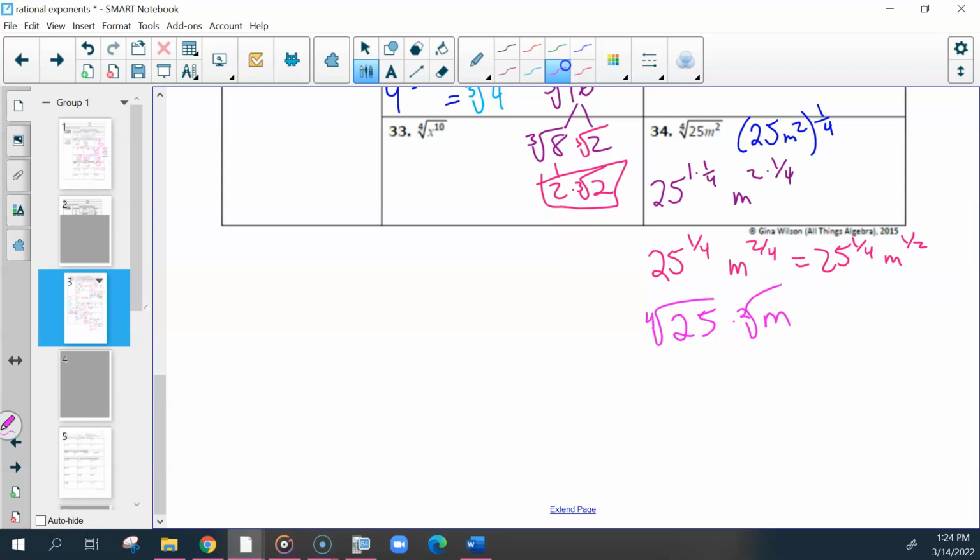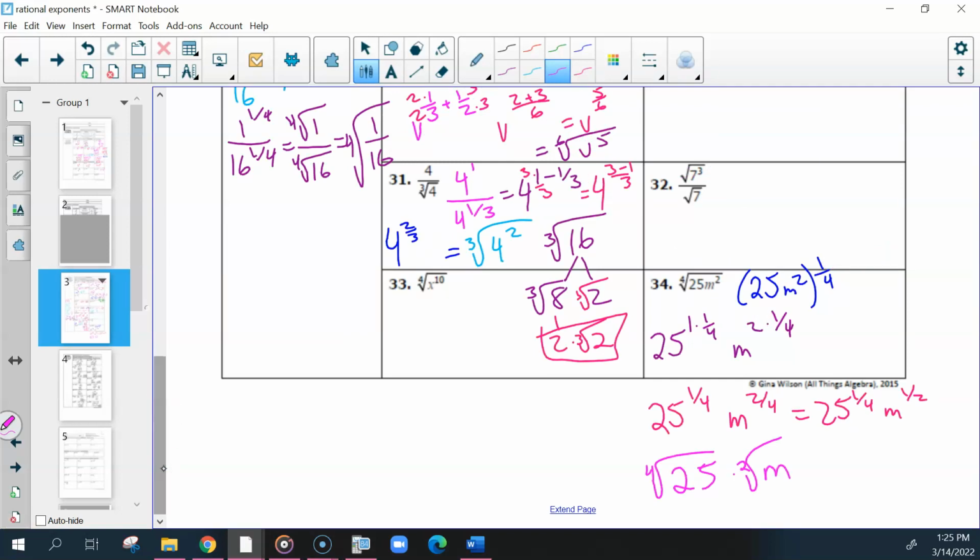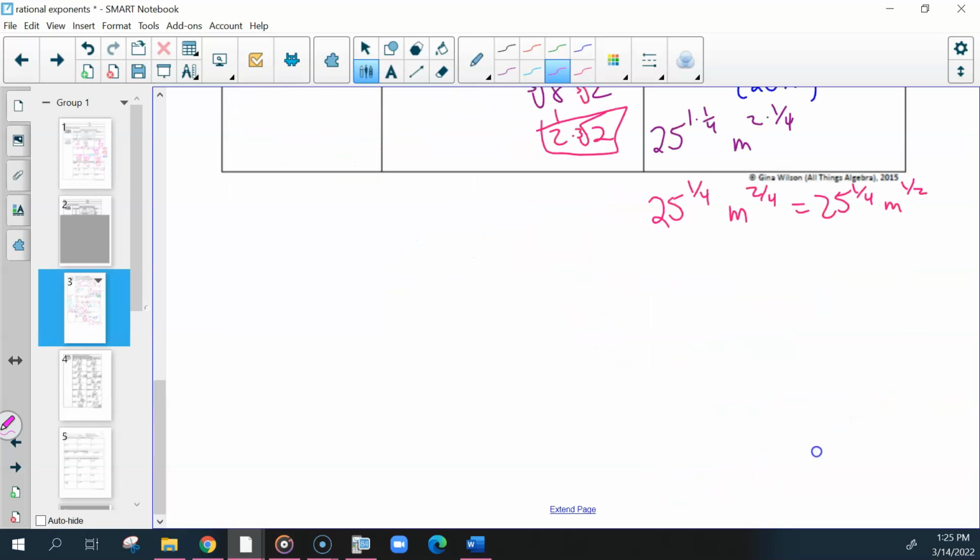Okay, we're going to backtrack because we don't want that last answer. What we do want is we could break 25 down to 5 squared to the power of 1/4.